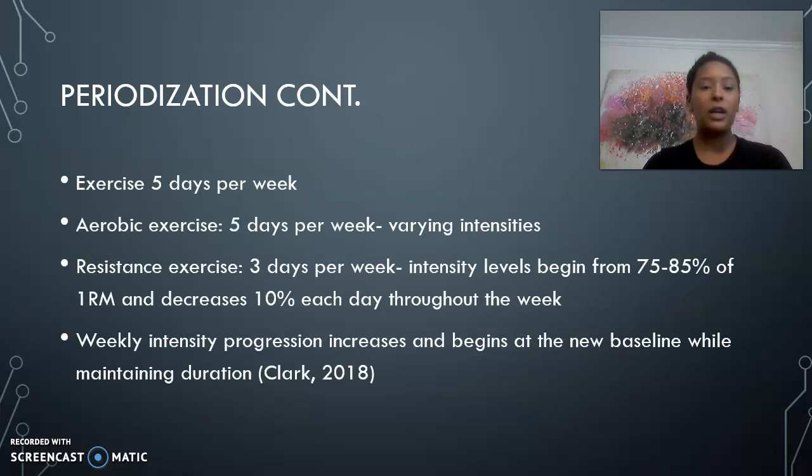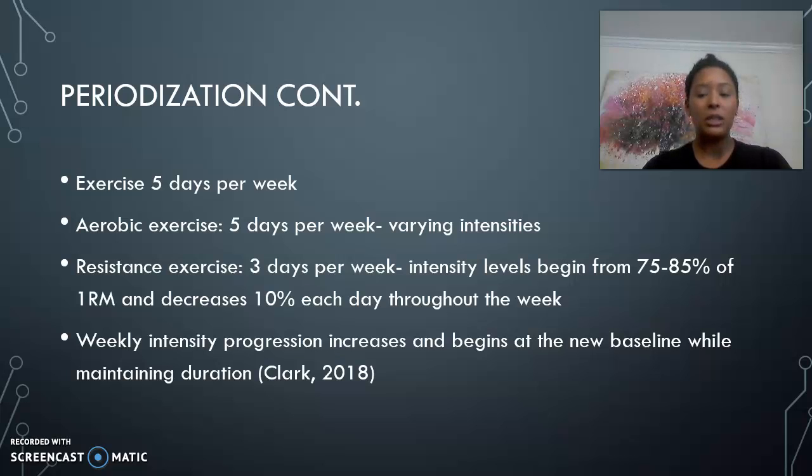Continuing with our periodization, the program was prescribed for 5 days of exercise per week. As I said before, aerobic exercise was included for every day of the week, but it varied with intensity. Depending on the day before would determine the high or the low of the intensity for each aerobic exercise.